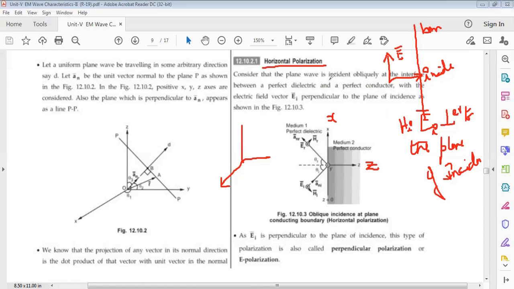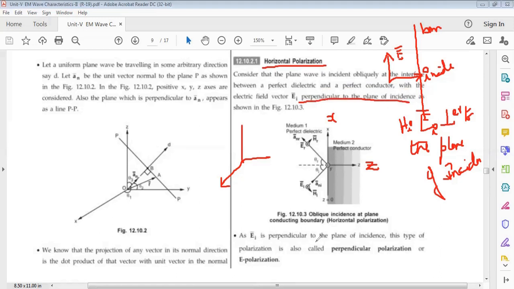See, consider a plane wave incident obliquely at the interface between the perfect dielectric and the perfect conductor with the electric field EI bar perpendicular to the plane of incidence, or aligned parallel to the boundary.